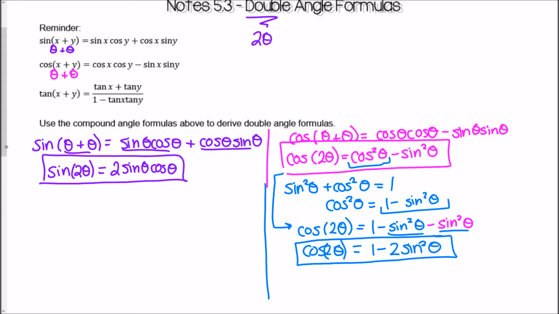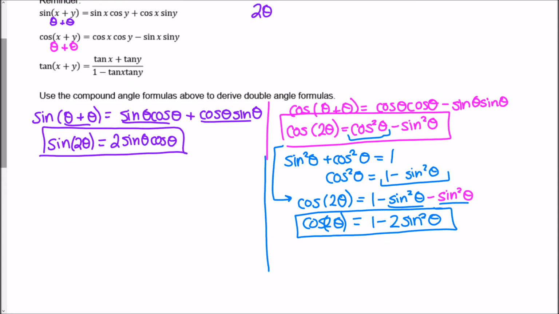Okay? We have another equation that we can also use for cosine of 2 theta, and that's if we rearrange this Pythagorean identity and we isolate the sine instead. So I could say sine squared theta is equal to 1 minus cosine squared theta. Okay, so right here I'm going to replace the sine squared theta with 1 minus cosine squared theta.